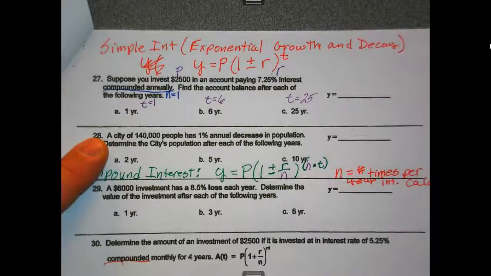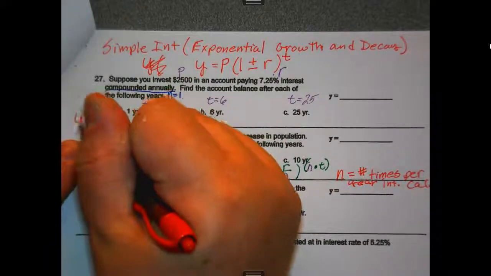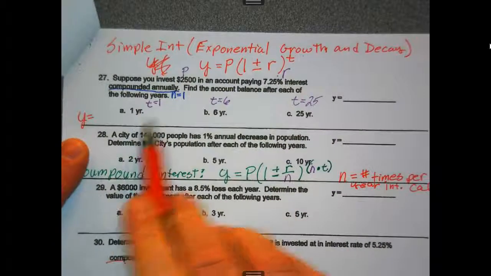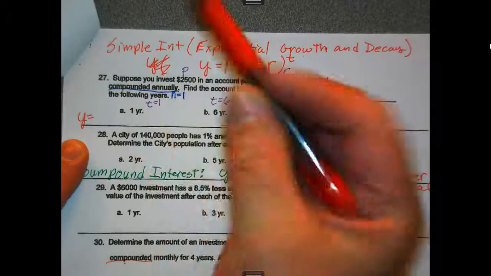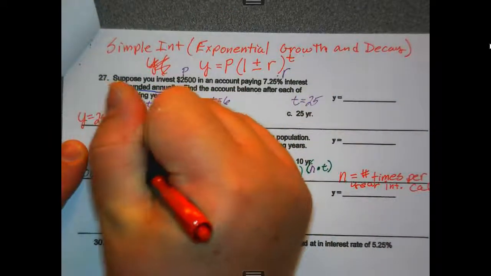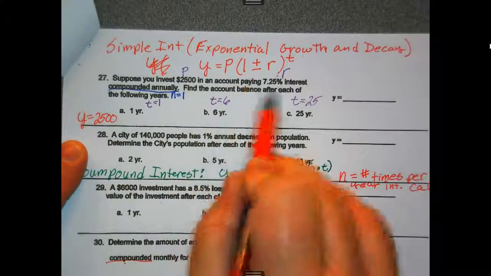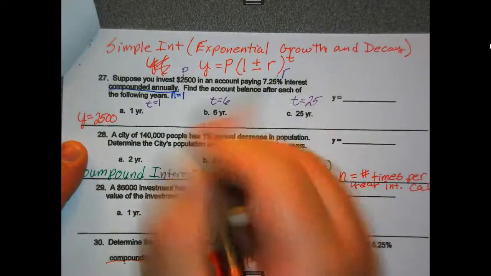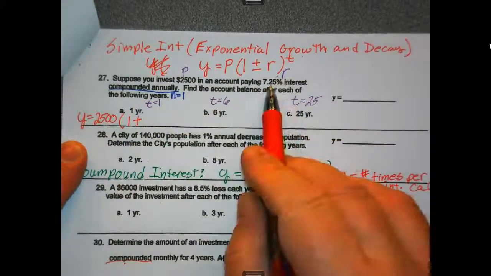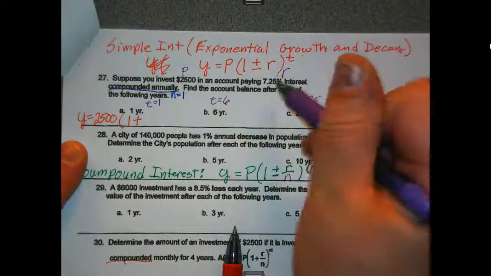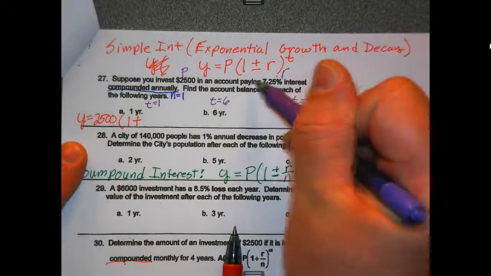Okay, so the first one, y equals 2,500. Now this is paying interest, so it's growing. So I'm going to have 1 plus my rate. Again, all we do is move that decimal place over twice.